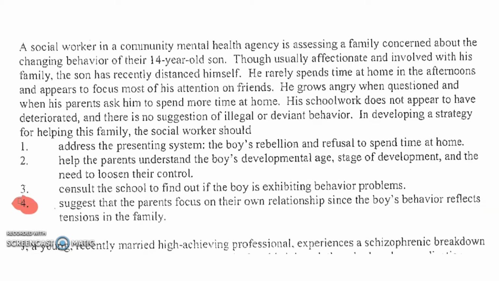I mean, if he's being questioned all the time as to why he doesn't spend time at home, yeah, he's gonna get frustrated, but I don't see anything in the stem saying that there's a problem in the family. And guys, let's not add more to what the stem is telling us.